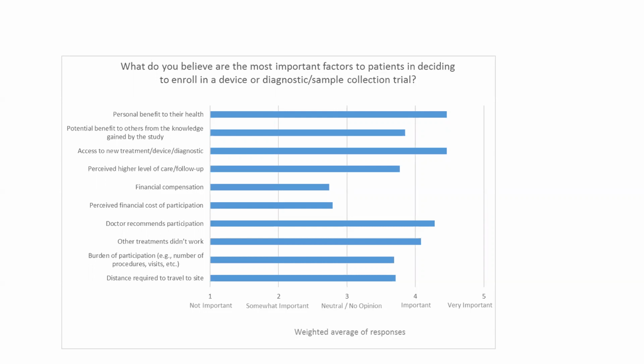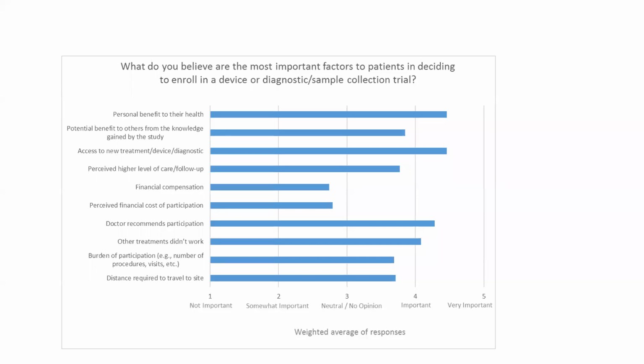I think as we looked at these results, they led to an interesting discussion among our working group of where those results were kind of disjointed and what that meant for how we put resources forward to identify patients for clinical trials. I mean, we had just talked about the fact that a large number of our industry stakeholders assumed that physician recommendation was one of the highest factors in getting patients to enroll in clinical trials, but our patients said that it was important, but perhaps not the most important factor.